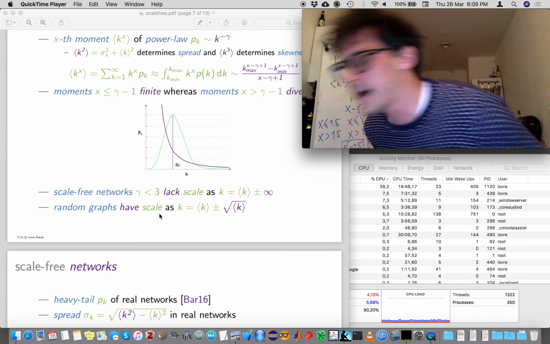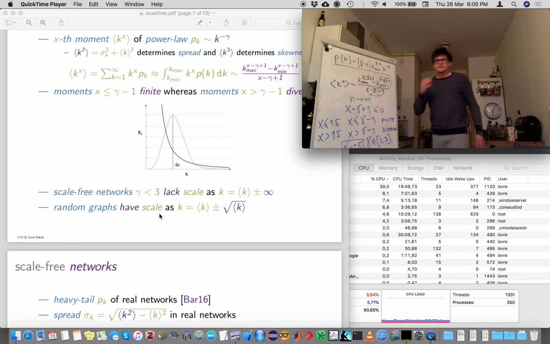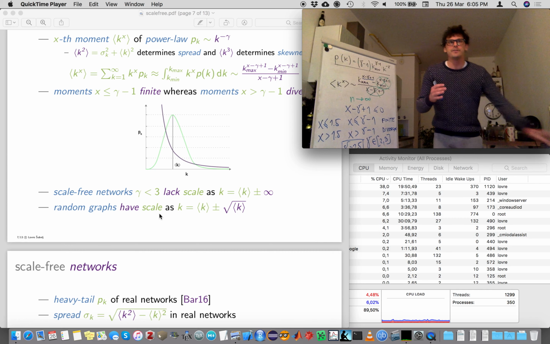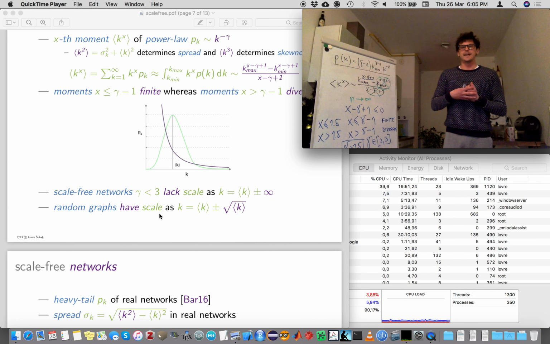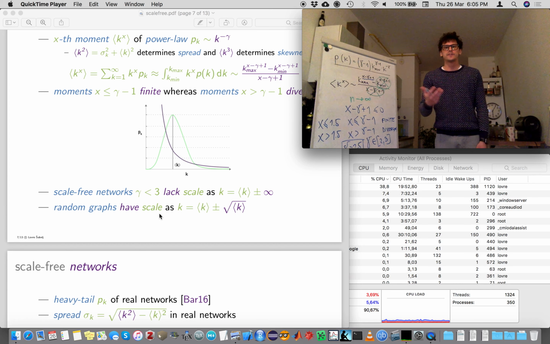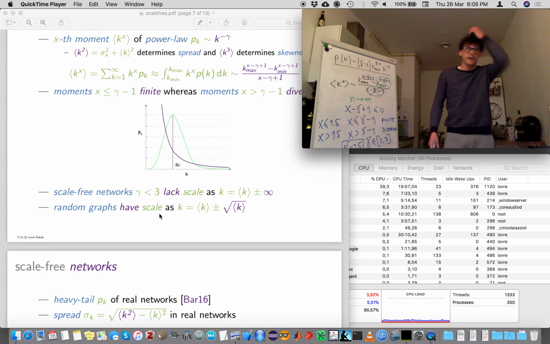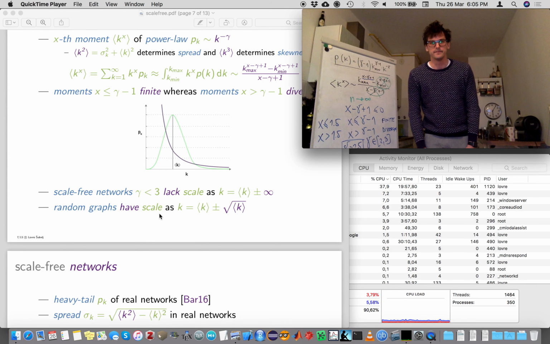Maybe to further understand that, since power laws do not have scale, there is no characteristic value of the degree for nodes in a network. The degrees are all over the place because the standard deviation is diverging. It goes to infinity when n goes to infinity.